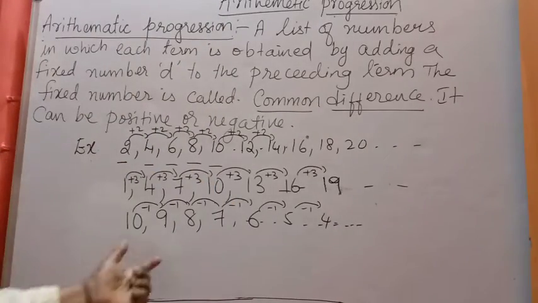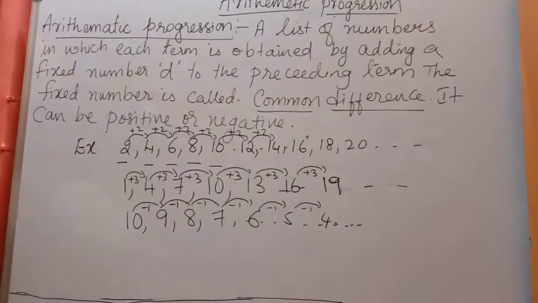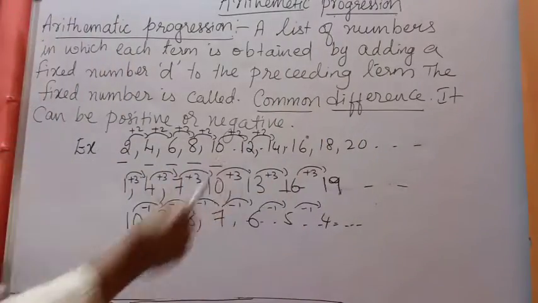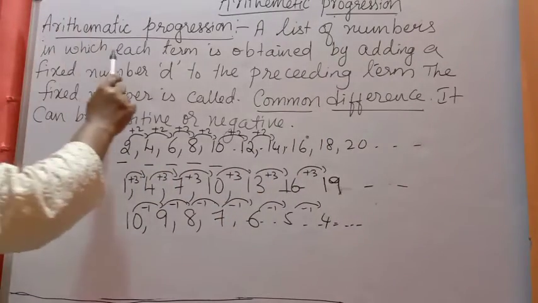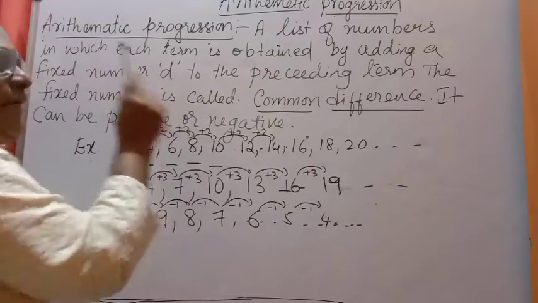This type of list of numbers we call a progression, an arithmetic progression. So what do we mean by arithmetic progression? It is a list of numbers in which each term is obtained by adding a fixed number d.